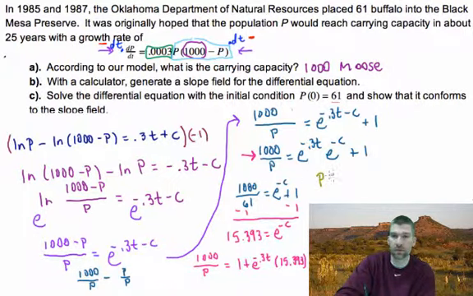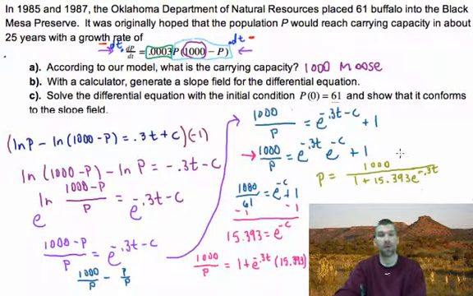P equals 1,000 divided by 1 plus 15.393 e to the negative 0.3t power. Wow, that's a long problem.